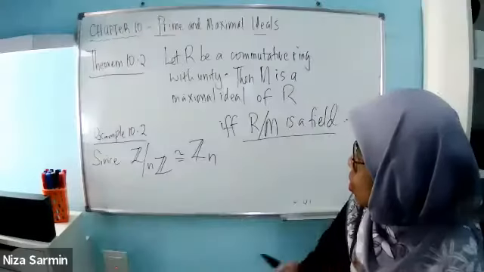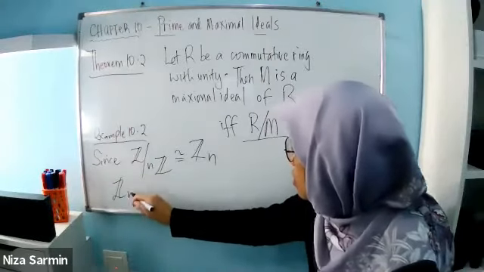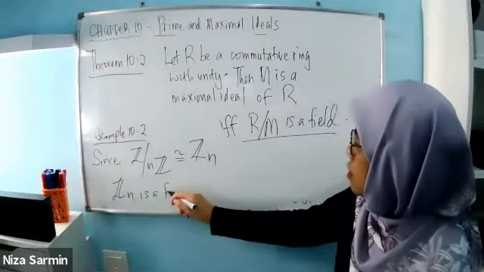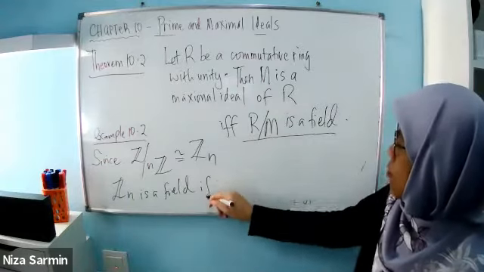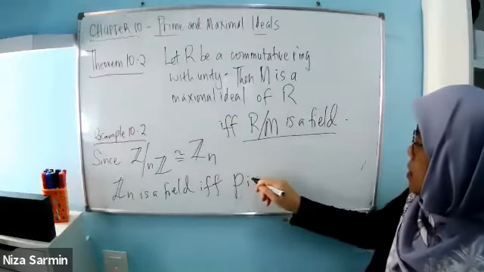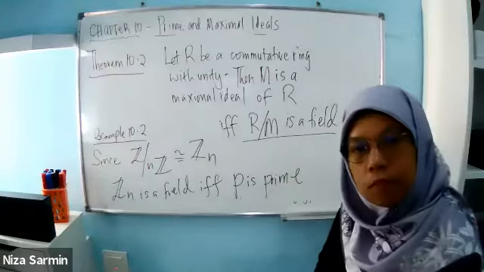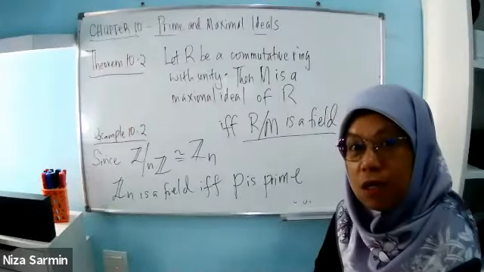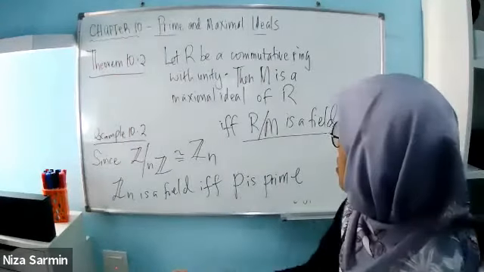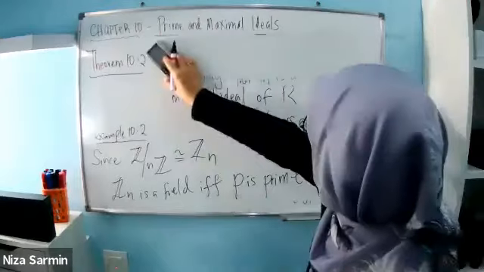And you know, Zp is a field if and only if p is a prime. And just now, Z12, it is not a field because not all elements are units, right? Let me see. Let's look at Z4.